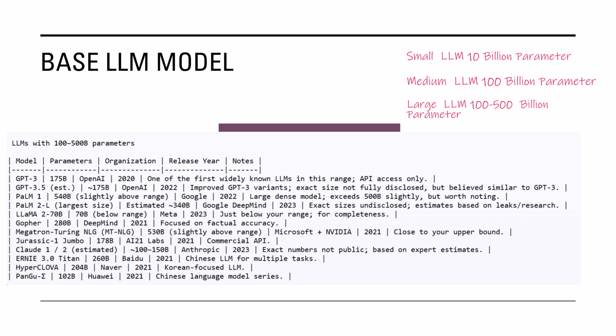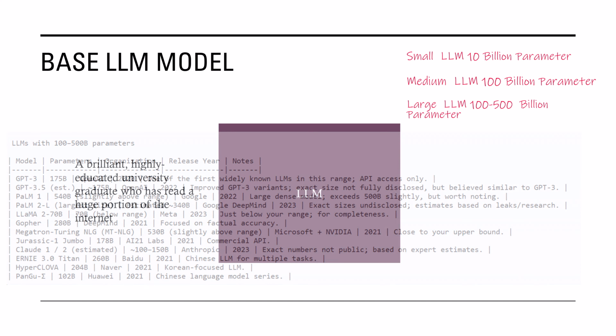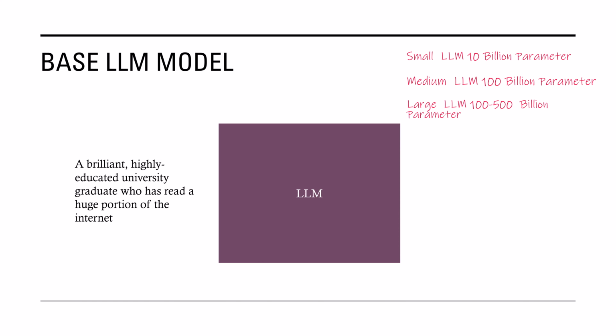As you can imagine, there are about 500 billion parameters. And the ultra large models, which we call them now, are not ultra large anymore. They are into trillions. They have trillions of parameters.